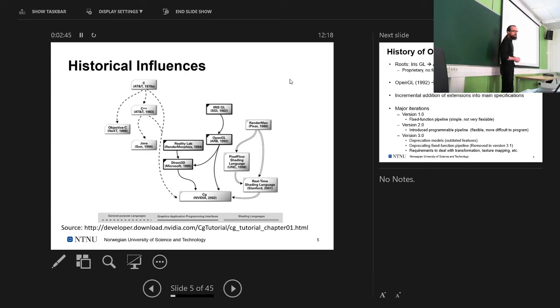I won't go into details on this image, but there are general purpose languages over here, graphics application programming interfaces over here, and shading languages over there. A shading language is basically a way of programming shaders, which I will get back to later. There's an influence between many of these, so you'll probably recognize some of these languages. One I will focus on is OpenGL, which lies up here, which is derived from what is called IRIS-GL.